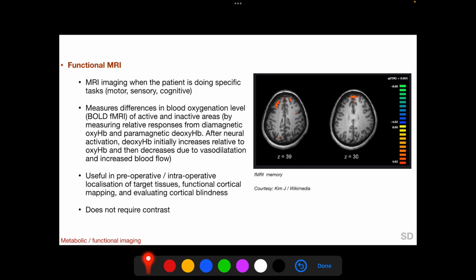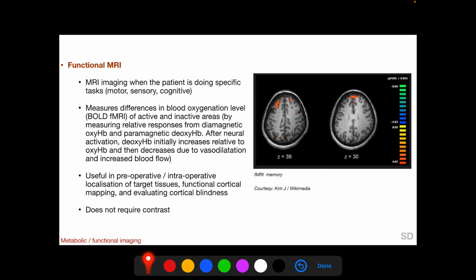Functional MRI is MRI imaging when the patient is doing a specific task. The task can be motor, sensory, or cognitive. It measures differences in blood oxygenation level, called BOLD fMRI, of active and inactive areas. It measures the relative responses from diamagnetic oxyhemoglobin and paramagnetic deoxyhemoglobin.